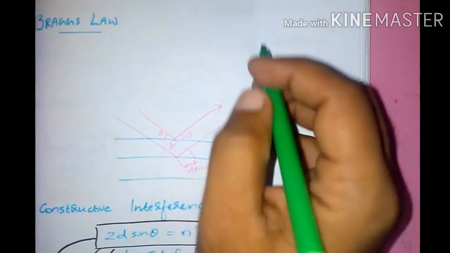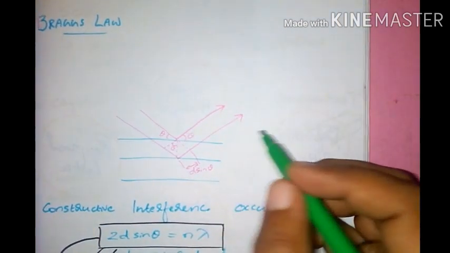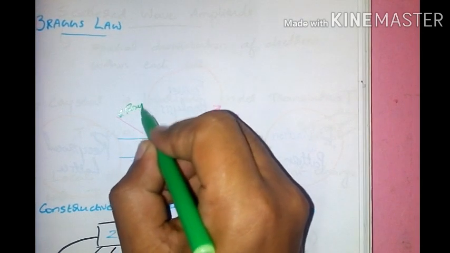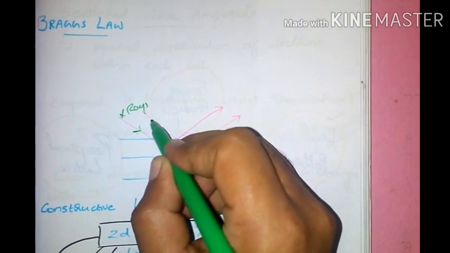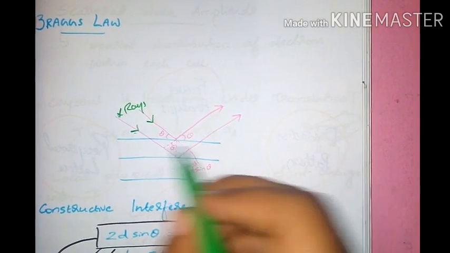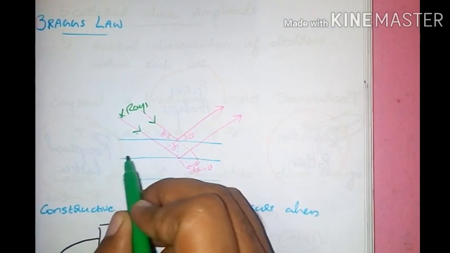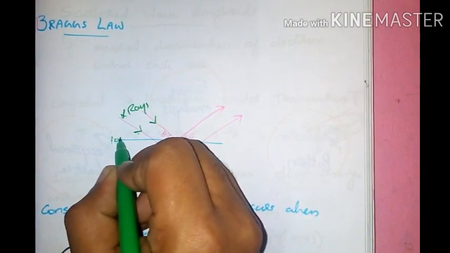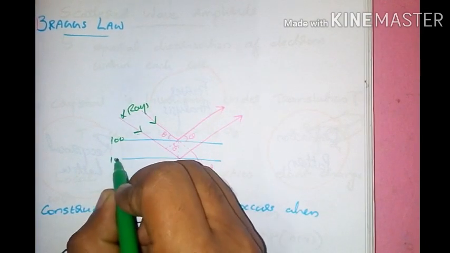To understand Bragg's law, let's consider X-rays falling onto a crystal, and these are crystal planes, like the 100 plane.